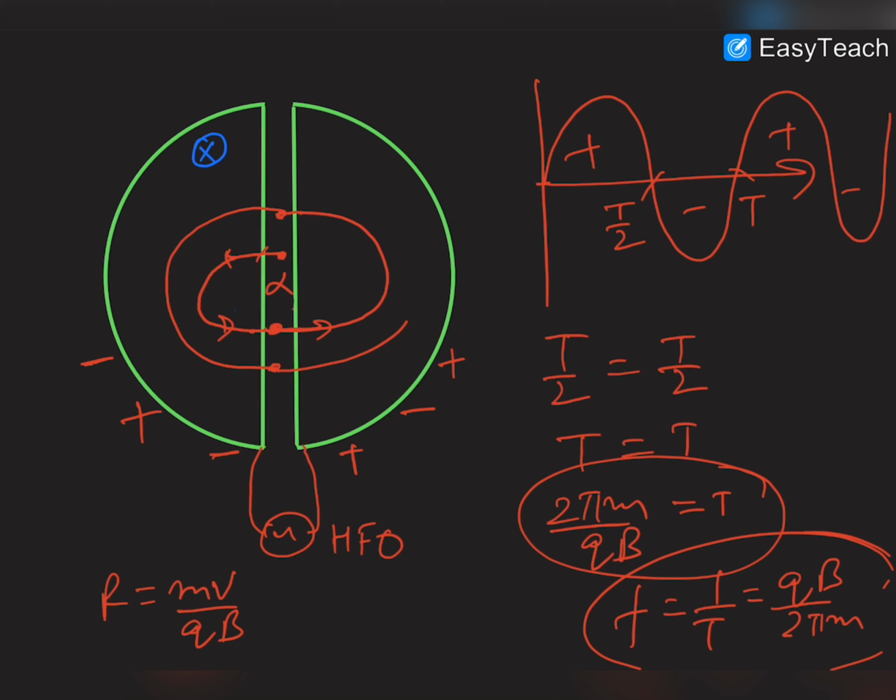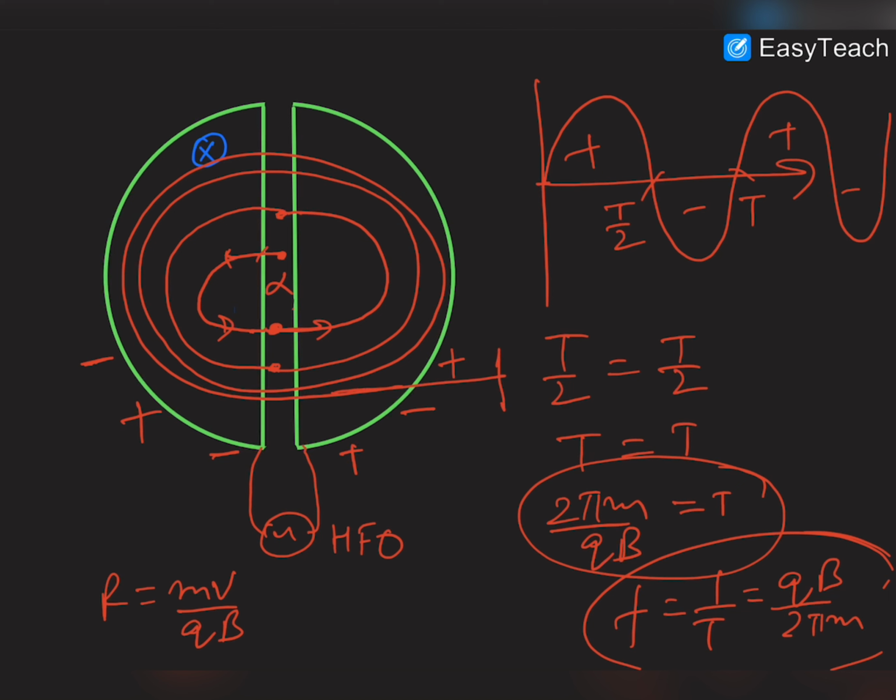This process will continue till this particle goes in a circle which has the same radius as that of the D, and there are small openings in the circumference of the Ds, through which this particle will come out and strike the target.